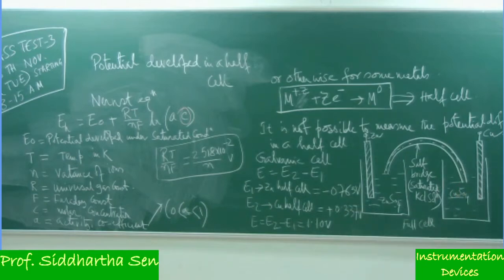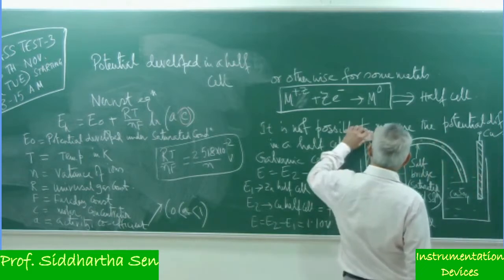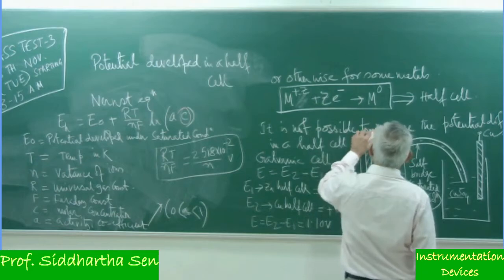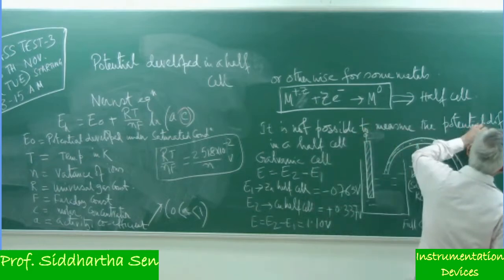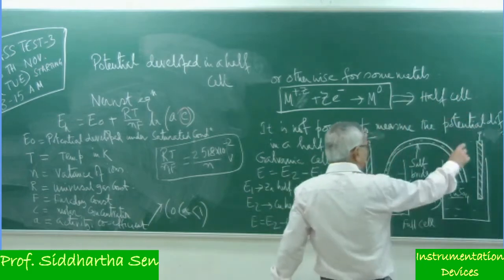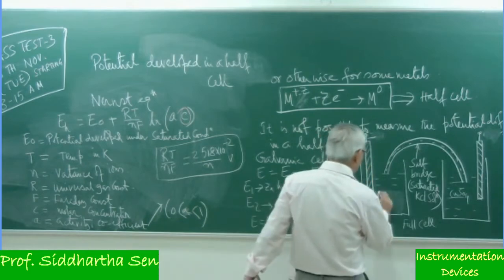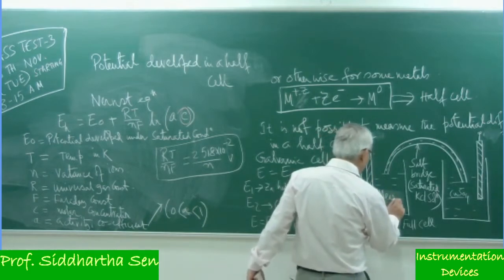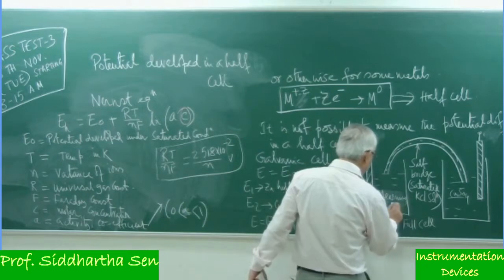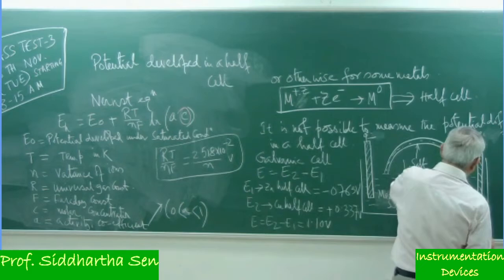What we require is two half cells together. Basically, I can put any other metals, like copper. There is a negative electrode, there is a positive electrode, and this we call a measuring solution, and this we call a reference solution.